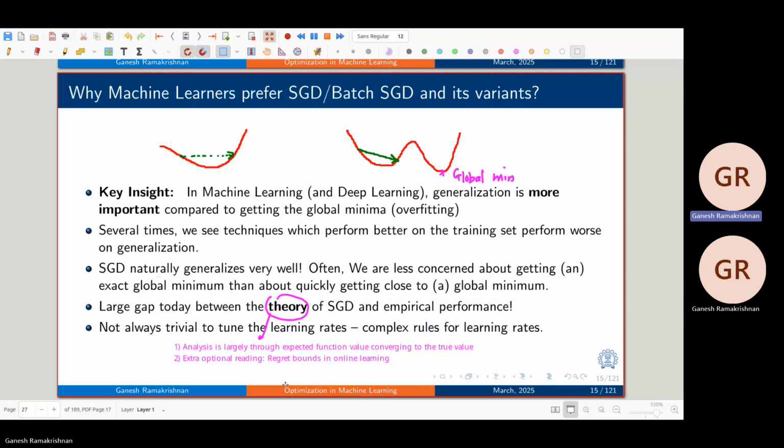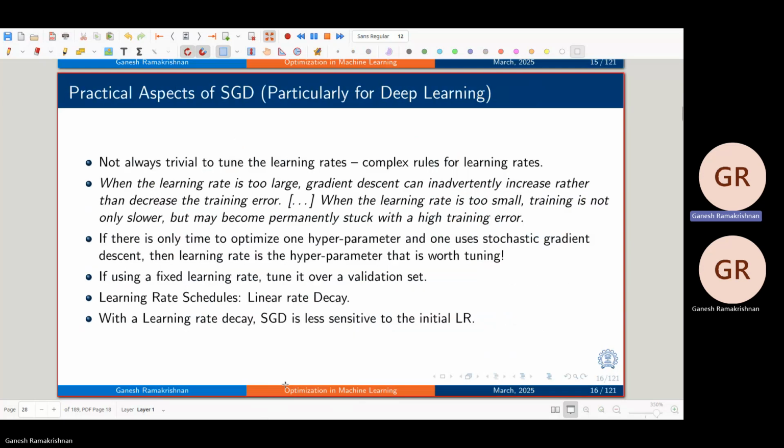So the model can regret that it did not pick certain data points. So when you quantify that regret, what is the gap between the performance when it had picked the point as against when it did not pick the point? So that's where the regret bounds come in. And the learning rate is still a big nightmare, right? So we'll come to the learning rate.